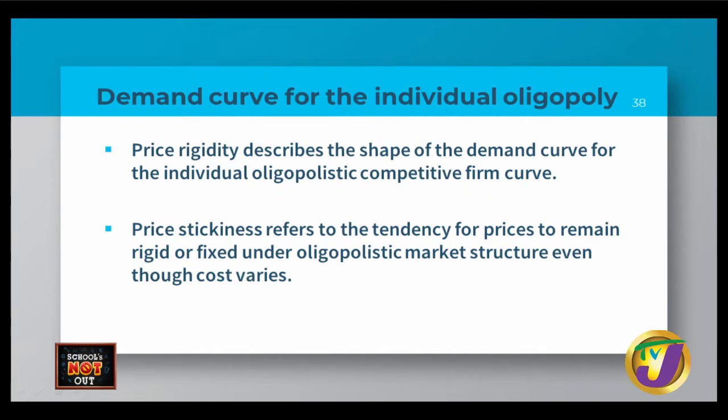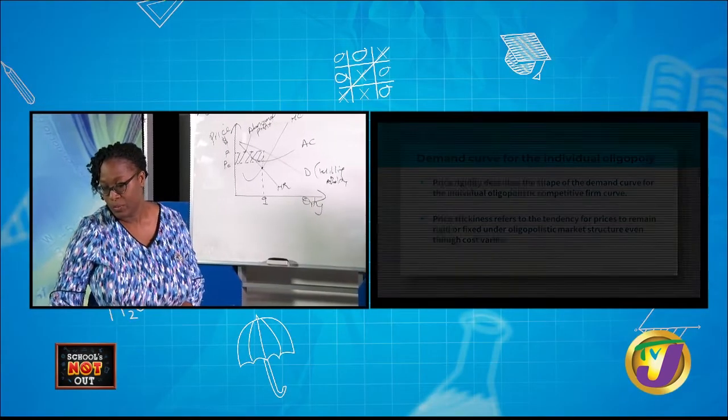So some terms that you may come across when you're doing your revision is price rigidity. And this describes the shape of the demand curve for the individual oligopolistic firm. Price stickiness refers to the tendency for prices to remain rigid or fixed under the oligopolistic market structure, even though cost varies.